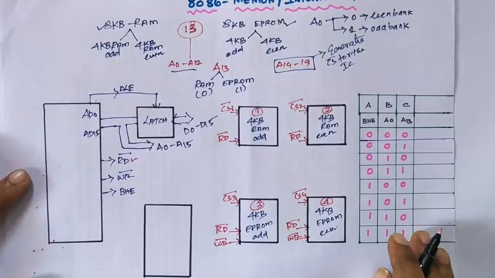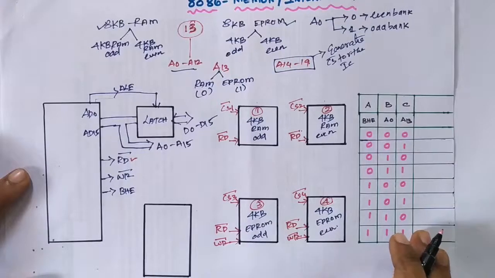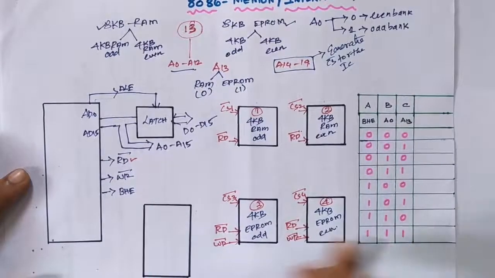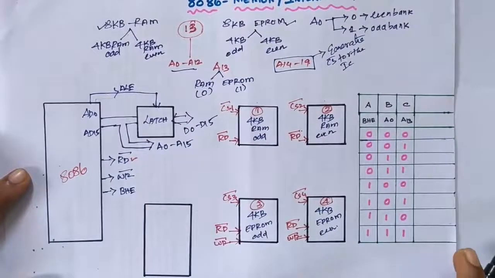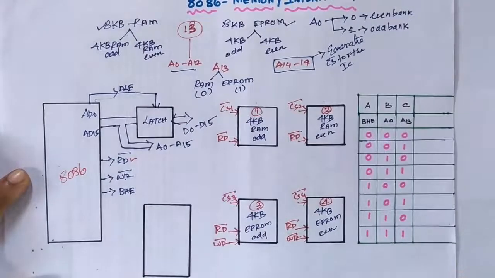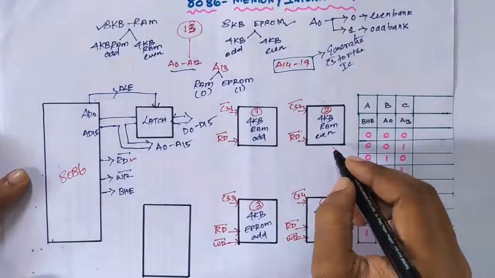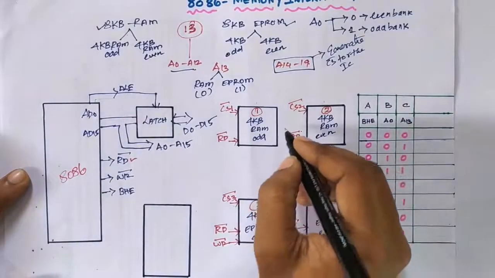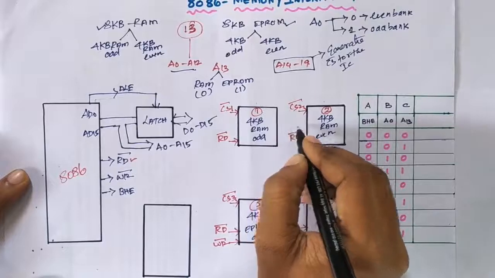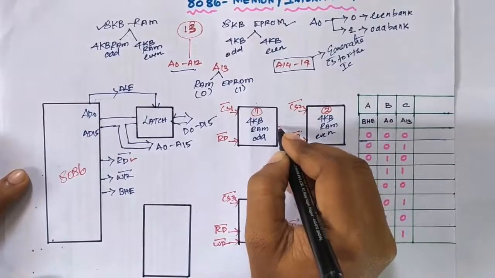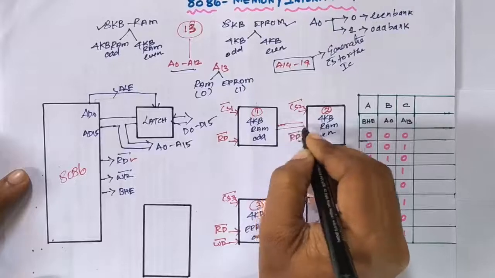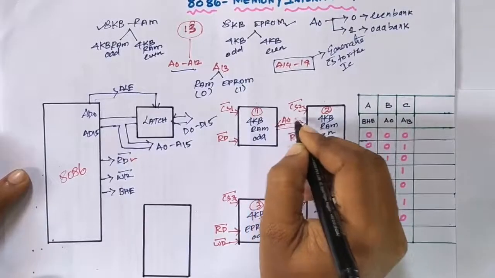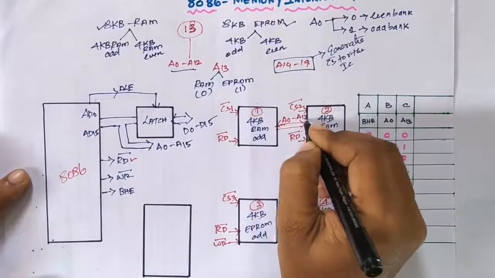So we need to share the read and write signals available in the microprocessor with the corresponding memory chip. Then this RAM memory has address lines starting from A0 to A12.